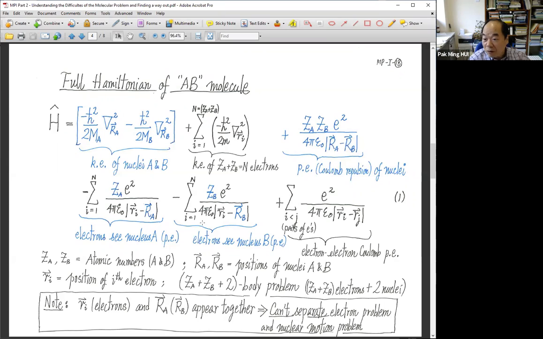Just to be very strict in quantum mechanics, at this point, this RA and RB are actually position operators of the two nuclei. Okay, do you follow this comment?